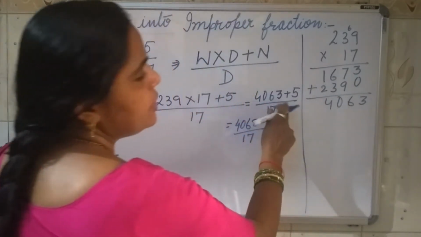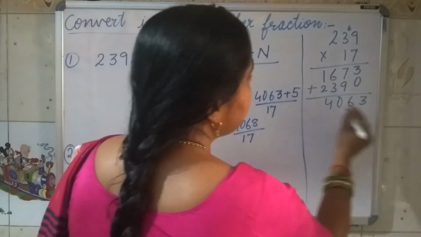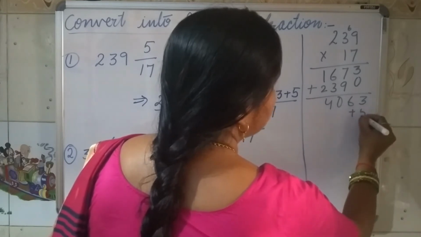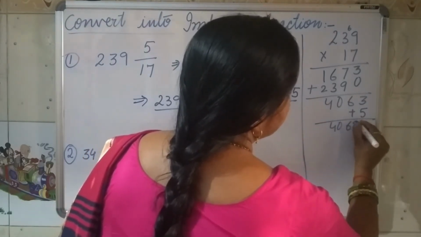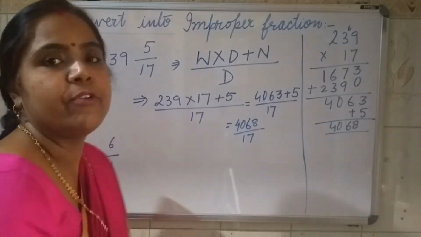See, 4063. Now the numerator we have to add into this, so this is 4068. And this is the same as what I calculated mentally.